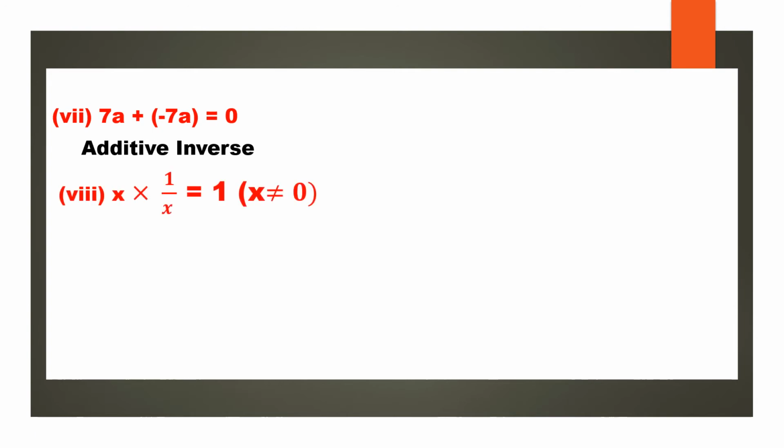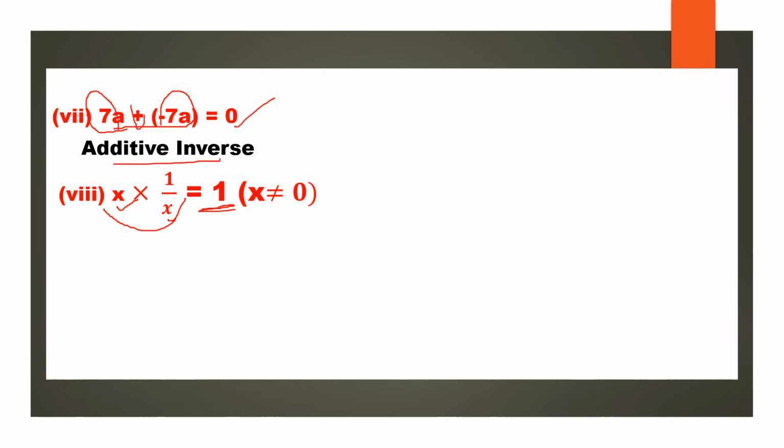x into 1 by x equal to 1. Here this is a rational number and this is the reciprocal of this rational number. It is giving you answer 1. Whenever addition of the same numbers with opposite signs gives 0, it is additive inverse.